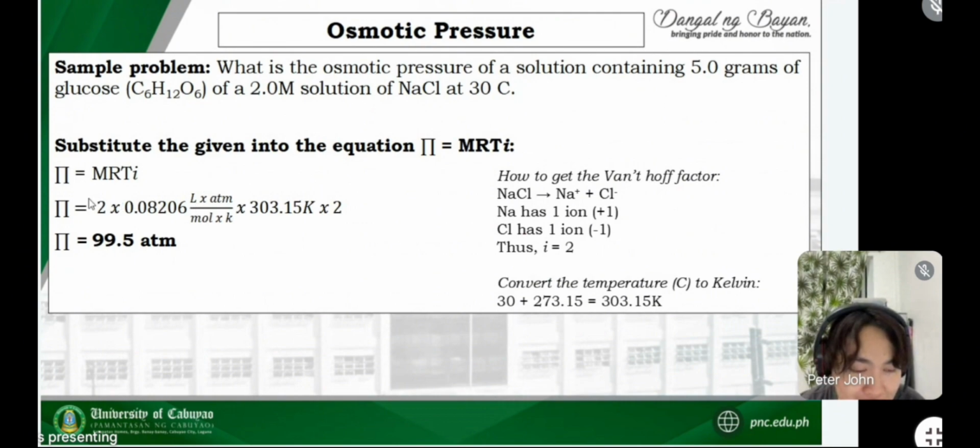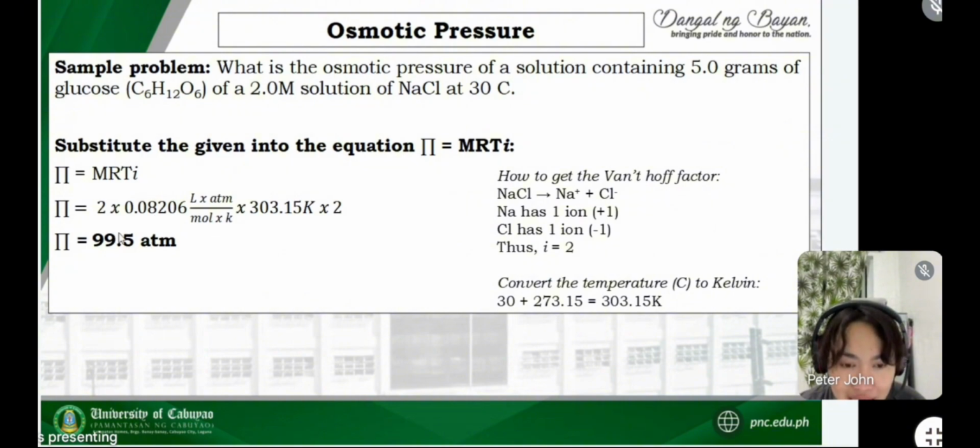Kung baga hindi lang nilagay dito, pero molarity, pag chinop natin siya into smaller unit, is always equal to mole over liter. Ibig sabihin, cancel. So, ngayon iwan na lang dito is atm. So, the osmotic pressure will be 99.5 atm.